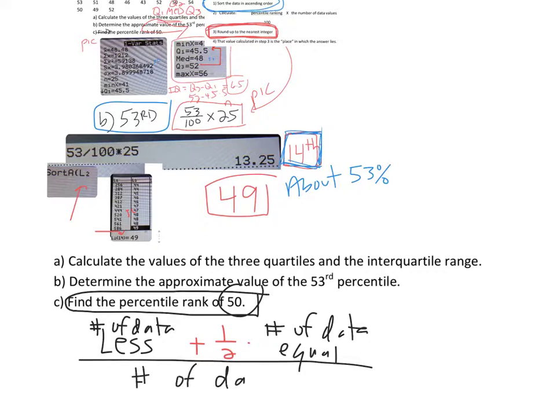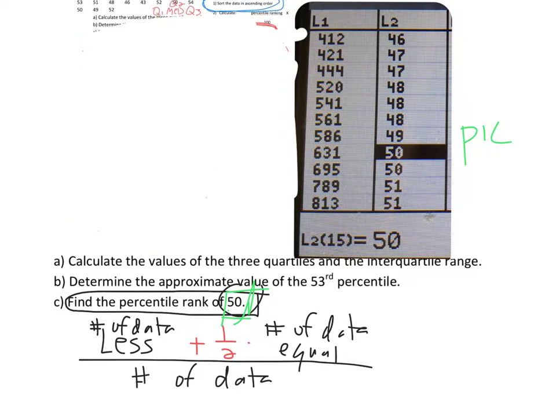So what we're going to have to do is go to our list and find where 50 is in the list. So go on your calculator to your list, find 50, and then take a picture of where 50 is in your list and include that on the worksheet. Now here we have something a little bit different than occurred before, in that we have two number 50s.